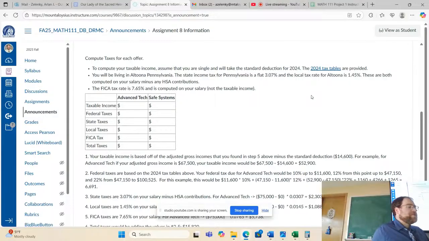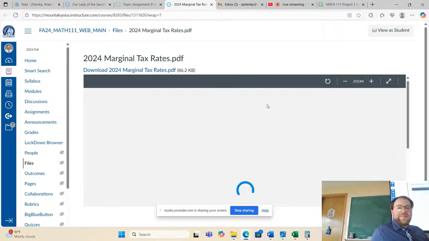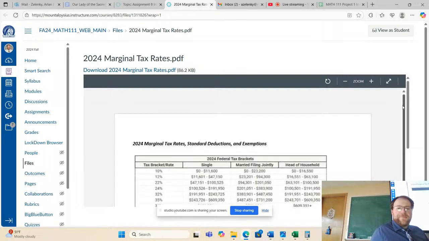Then I just realized I don't think I printed out the tax tables for you for the second part. But they should be here if we need them.